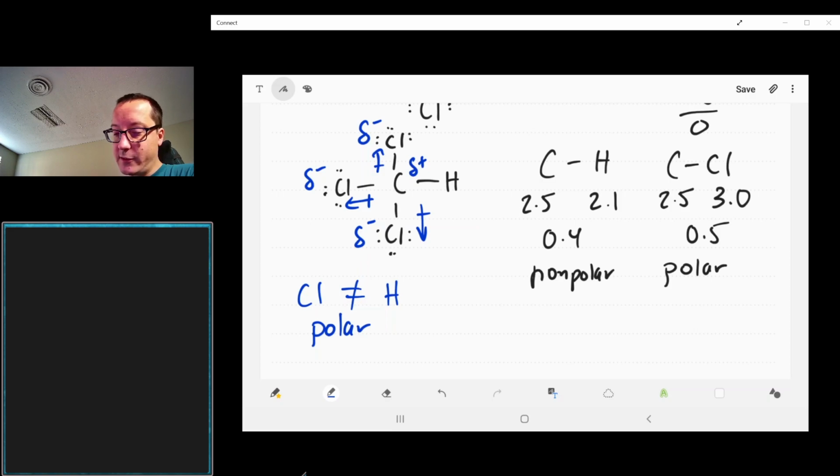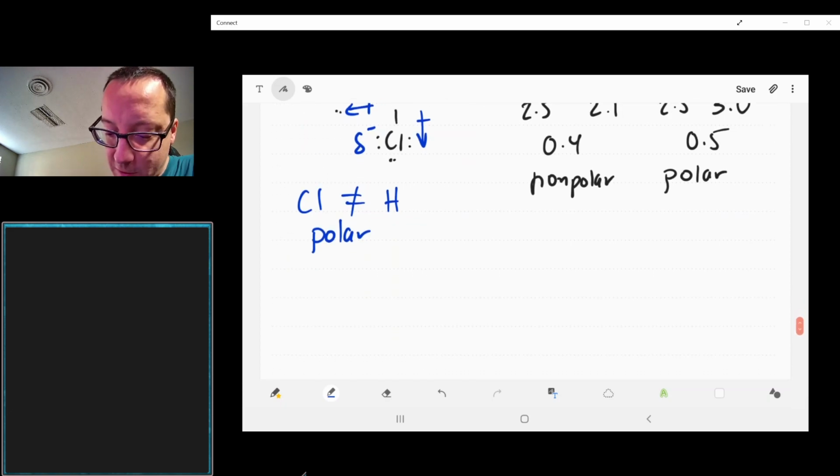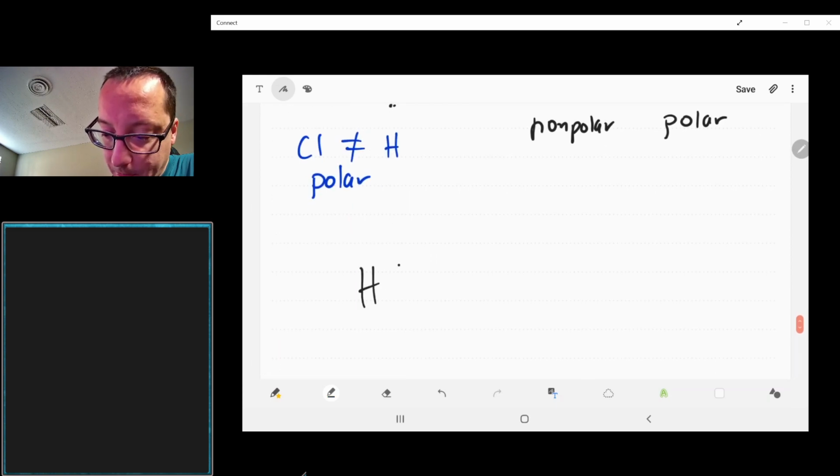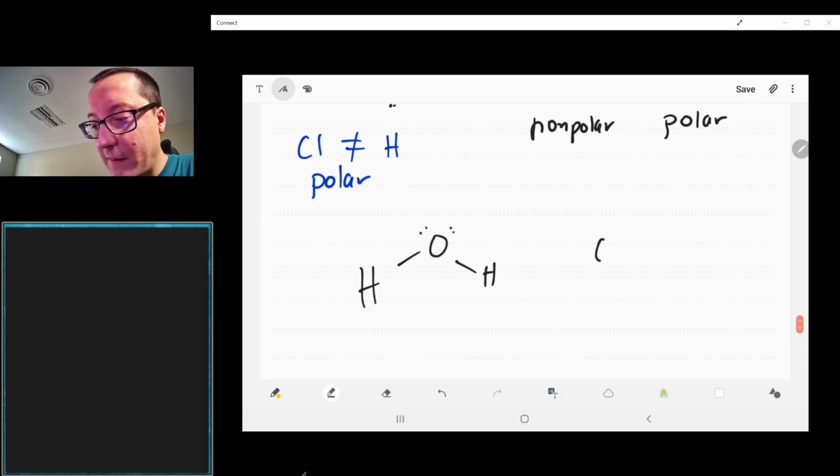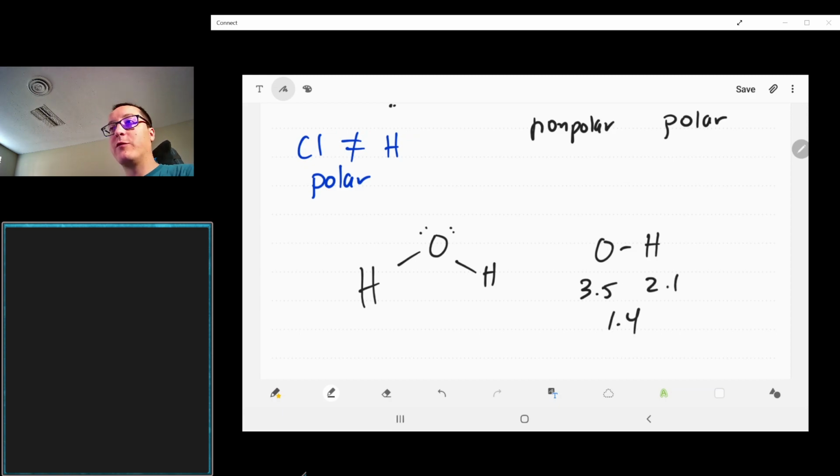All right, it looks like most of the examples we've done have had the most electronegative atom being on the outside. If we go ahead and look at something like water, though, we see that the OH bond difference is going to be 3.5 versus 2.1. 1.4, very polar bond there.